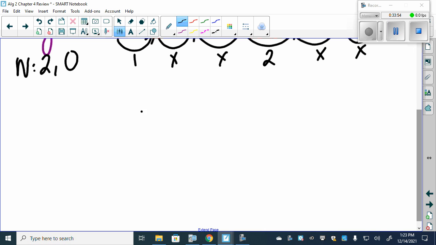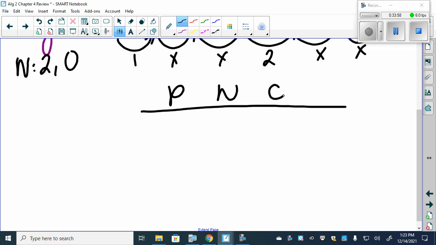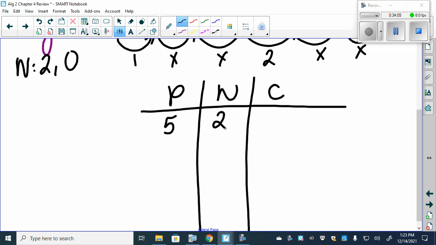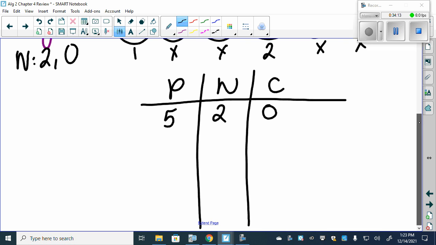Now we can set up our table. Positive, negative, complex. So the most positives that we could have is 5, and the most negatives we can have is 2. Now the degree is 7, and 5 and 2 would give us 7. So there would be 0 complex.